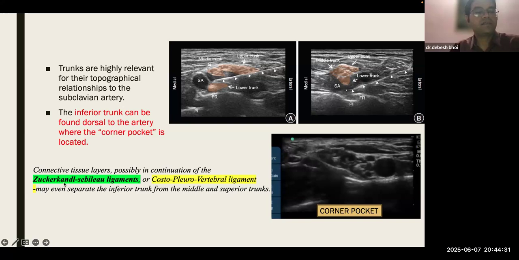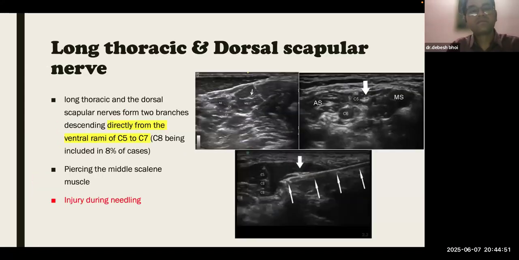But there is also the Sibson ligament, or the costopleural vertebral ligament. Sometimes the ligament present in this area might even separate the inferior trunk from the middle and superior trunks. This is important because sometimes sparing of your inferior trunk occurs in these cases.